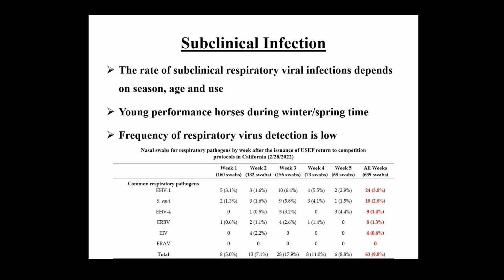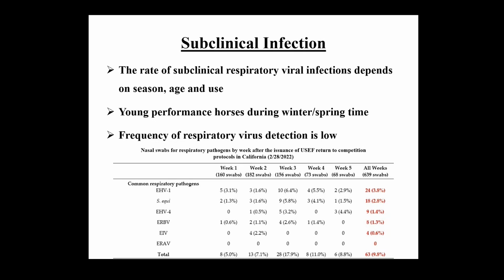So the lab at UC Davis got a lot of samples, a total of close to 640 nasal swabs with the purpose to test them for EHV1. And this graph here shows the respiratory pathogens. You can look at EHV1 here on the first row, and you can see by week, meaning the weeks after they instituted that cancellation of the event.